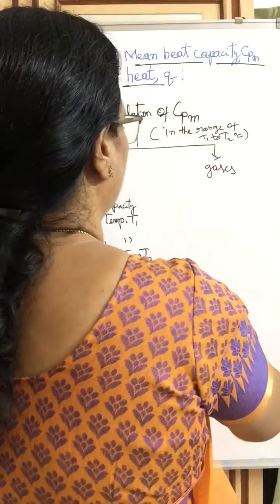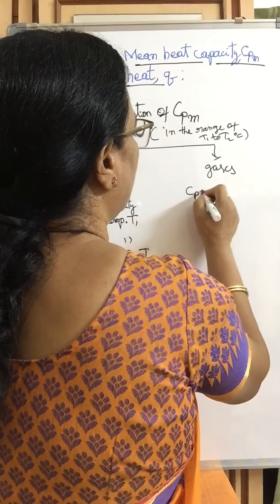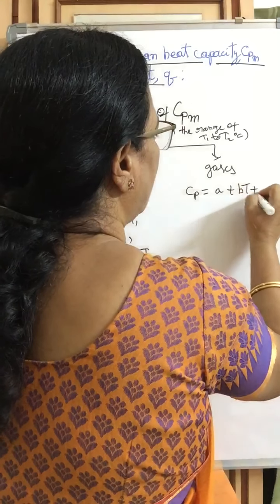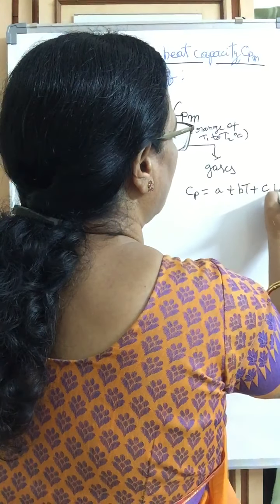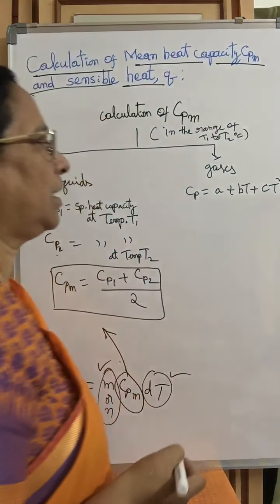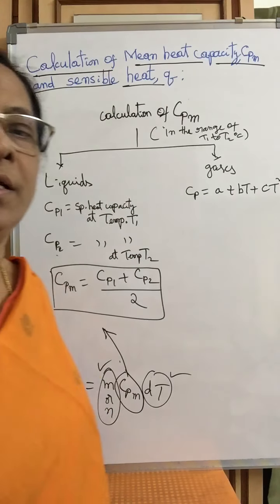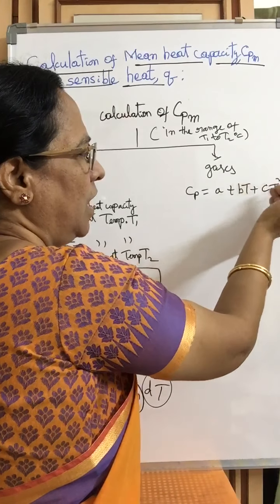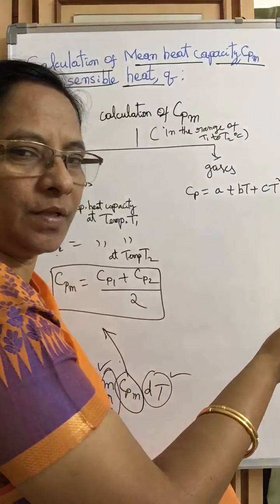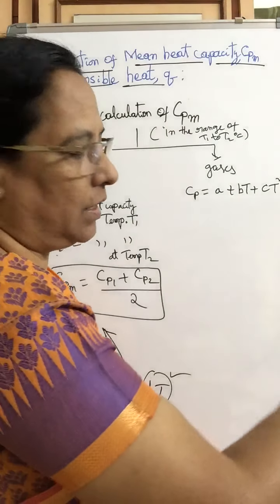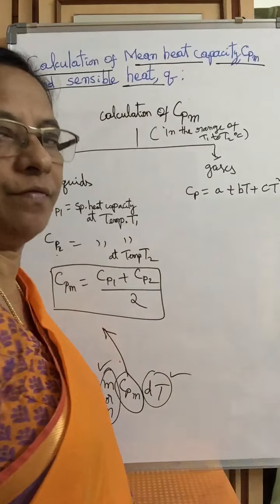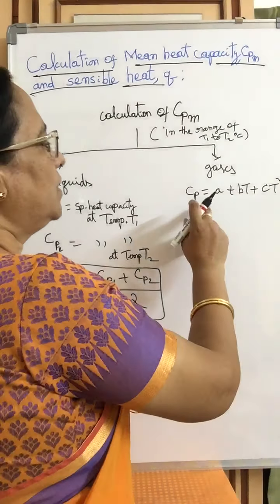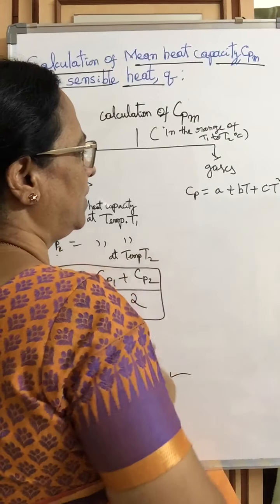And then for gases, normally heat capacity depends on temperature and varies with an empirical equation like this: Cp equals a plus bt plus ct square. Not necessarily of the same form. Sometimes only a plus bt, or a dt cube term may also be there. We will solve problems and you will see the different forms of dependency of Cp on temperature. So Cp is equal to a plus bt plus ct square.